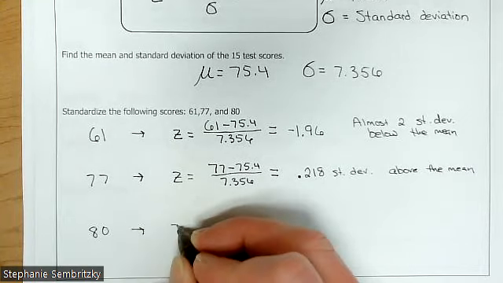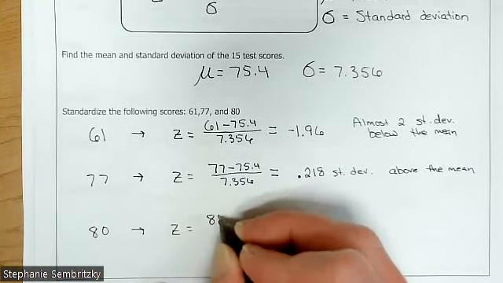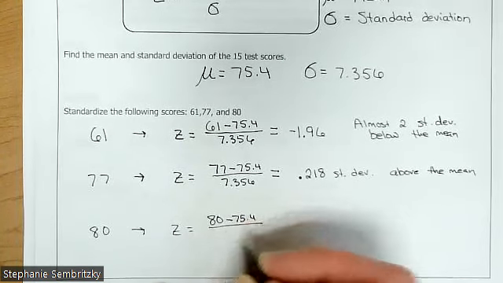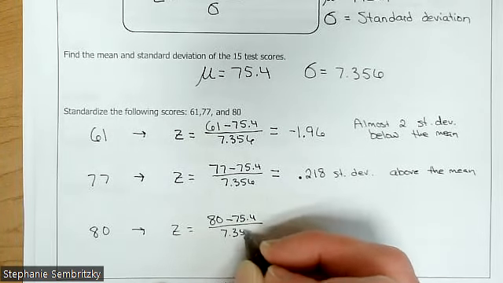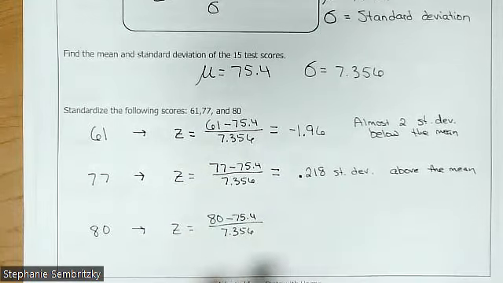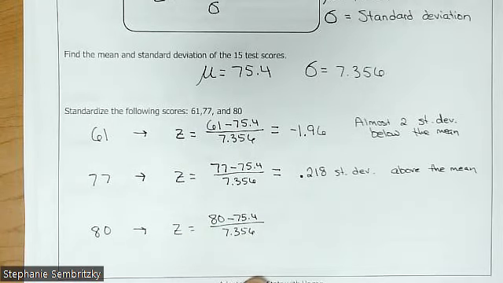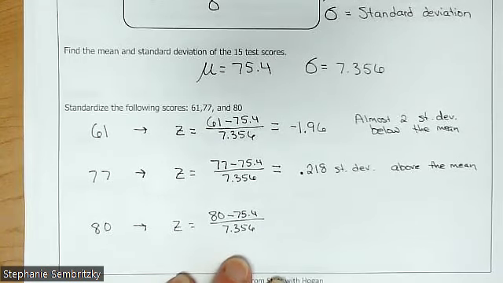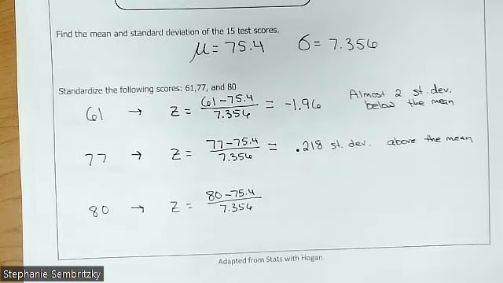Last one, 80. So since 80 is bigger than 77, I'd expect this z-score to be higher because it'd be further away from the mean. Let me make sure I have it.